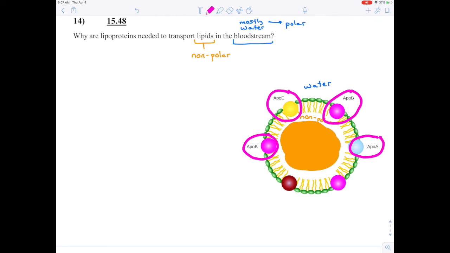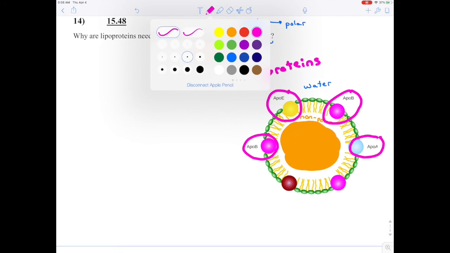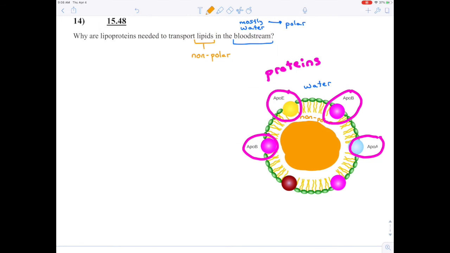And those proteins are acting as sort of messengers, so that as this ball of fat travels around, cells can feel the ball and get a sense of, oh, is this what I need? Is it not what I need? So these are proteins. So you have lipids in the center, and also the phospholipids in the side.